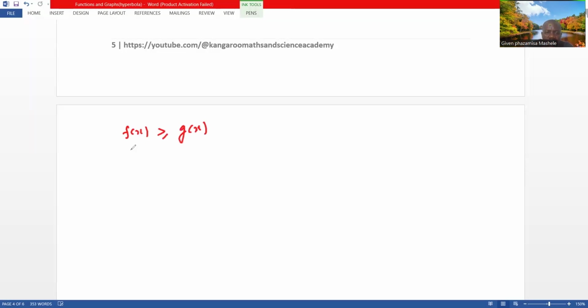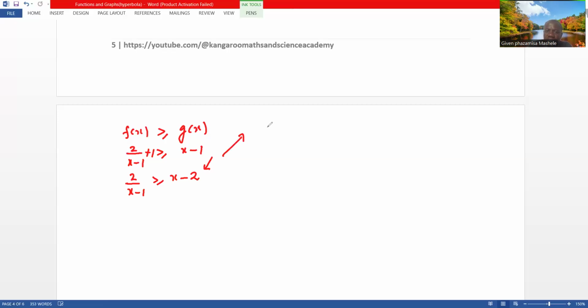So this will be 2 over x minus 1 greater or equal to x minus 2, transposing the expression. But there's one trick you need to understand about inequalities. You cannot cross multiply. What you have to do is transpose to the left-hand side.